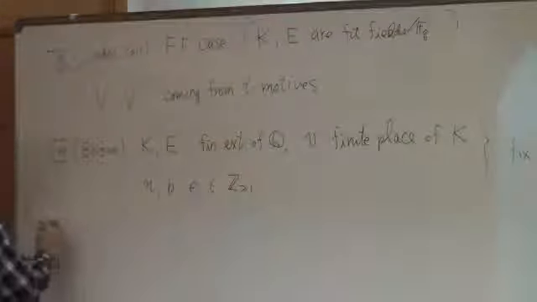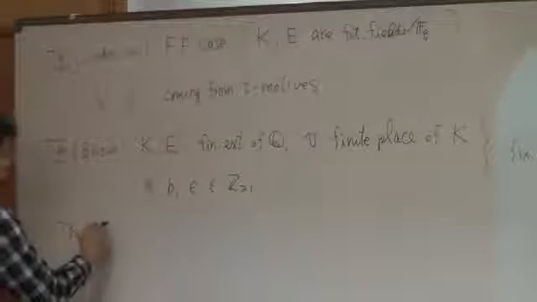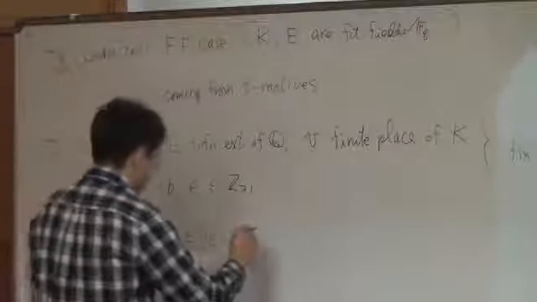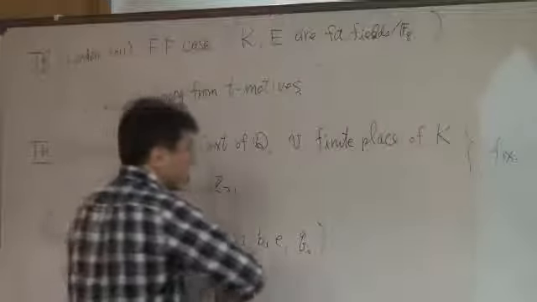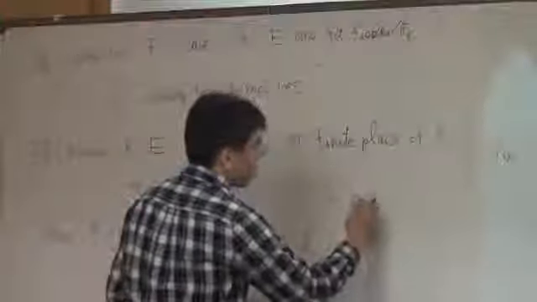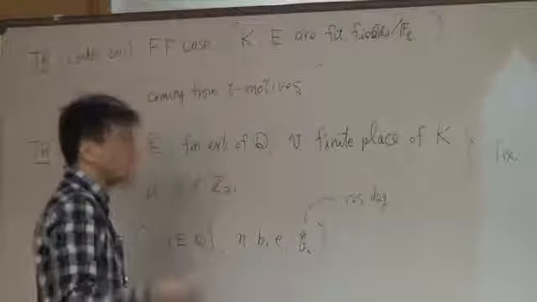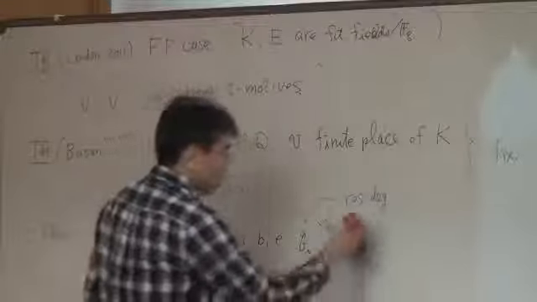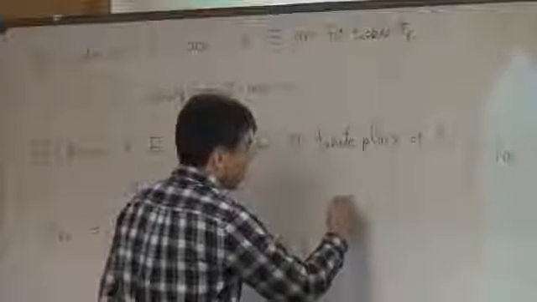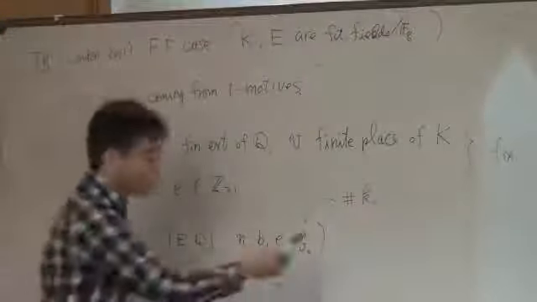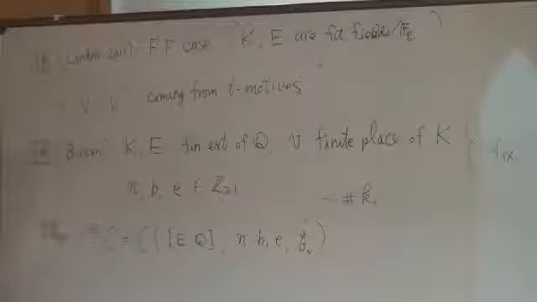Then there exists a constant C depending on the degree of K over Q, and n, b, e, and q_v. Here q_v is the order of the residue field, the residue degree.